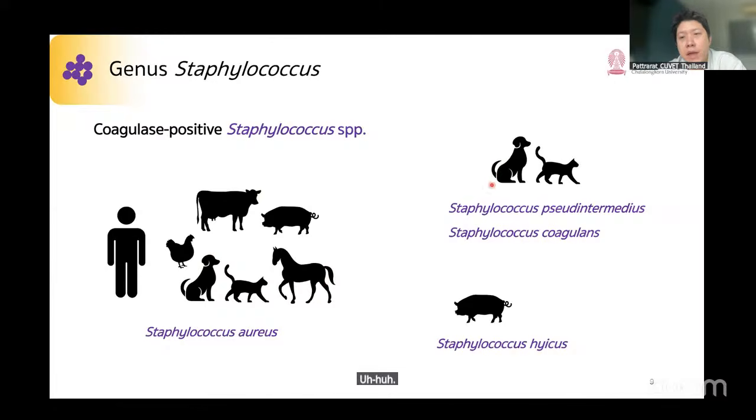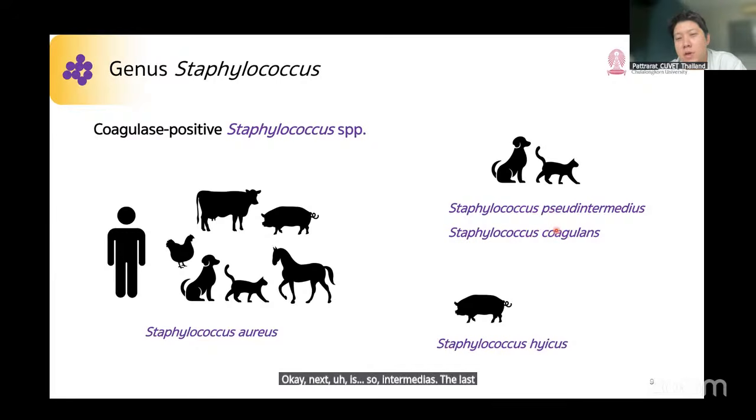For companion animals, in dogs and cats, the major species is Staphylococcus subintermedius. Okay, so we need to remember. One is aureus. Next is subintermedius.